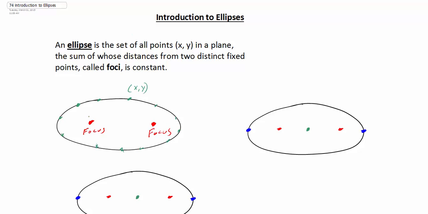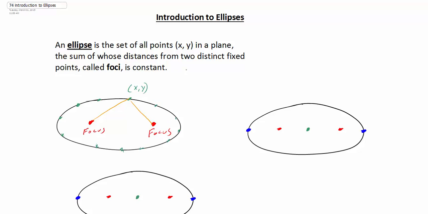And the fixed distance would be from one focus out to the point on the ellipse and then over to the other focus. And we can kind of imagine if you were to take a piece of string and tack it down here at one of the foci and then tack the other end of the string down at the other focus point, and take your pen and stretch it out and then hold the string tight and then go around, and you would end up with this ellipse.